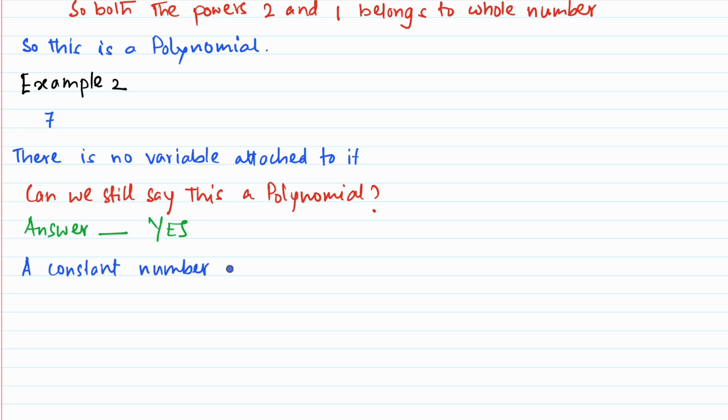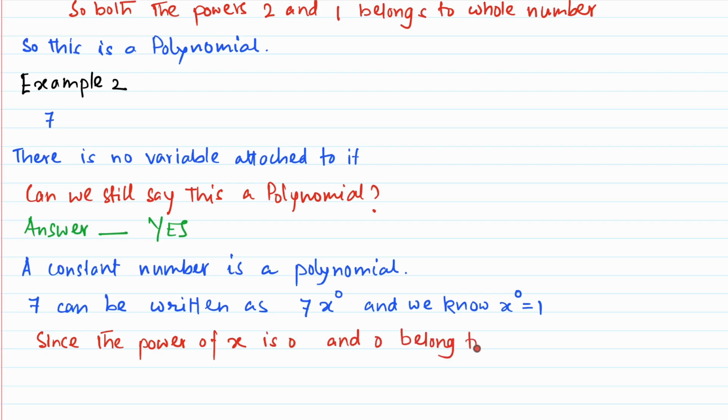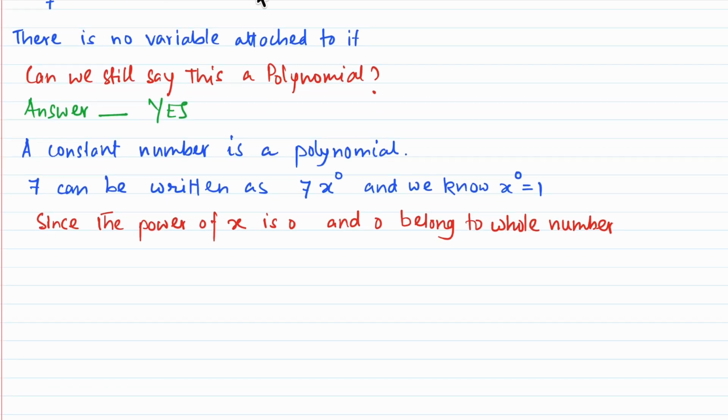A constant number is a polynomial because 7 can be written as 7 into x to the power 0. So x to the power 0 becomes 1 and 7 into 1 becomes 7. Hence, since the power of x is 0 and 0 is a part of the whole numbers, this expression 7, a constant, is a polynomial.